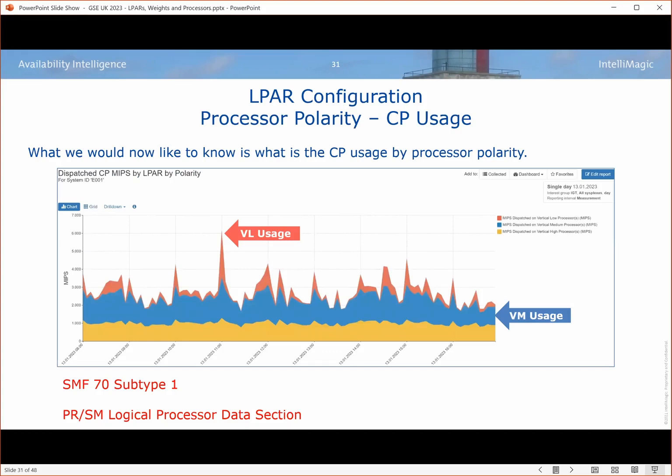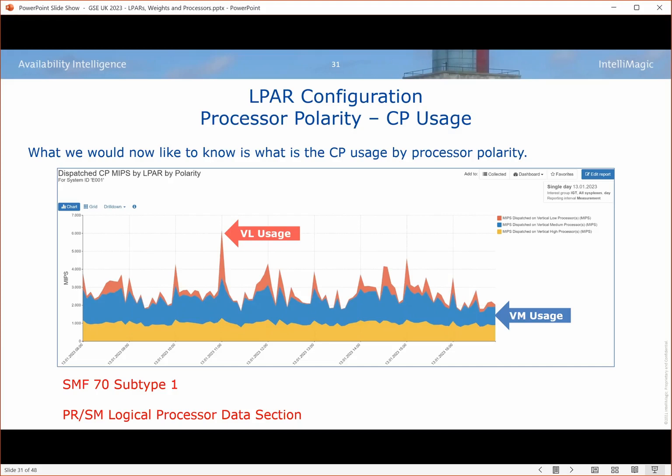So efficiency means let's look at the processor polarity and the usage. What we can see here, based again on the SMF70 subtype 1 data, is the number, in this case MIPS, dispatched on vertical high processors. That's the yellow ones. I would say efficient processors. The number of MIPS dispatched on the vertical medium processors for this time frame. That's the blue ones. That's maybe 50% shared with somebody else, okay?